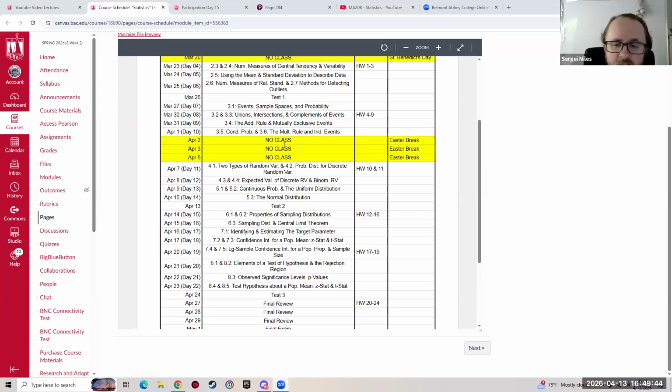So I'll go ahead and share my screen. For day 15, we're going to start in chapter 6. We want to start examining something called a sampling distribution, where basically the idea at this point, we understand from statistics that whenever we're trying to estimate something in the real world, then we need to take a sample. We have to collect a sample in some way.